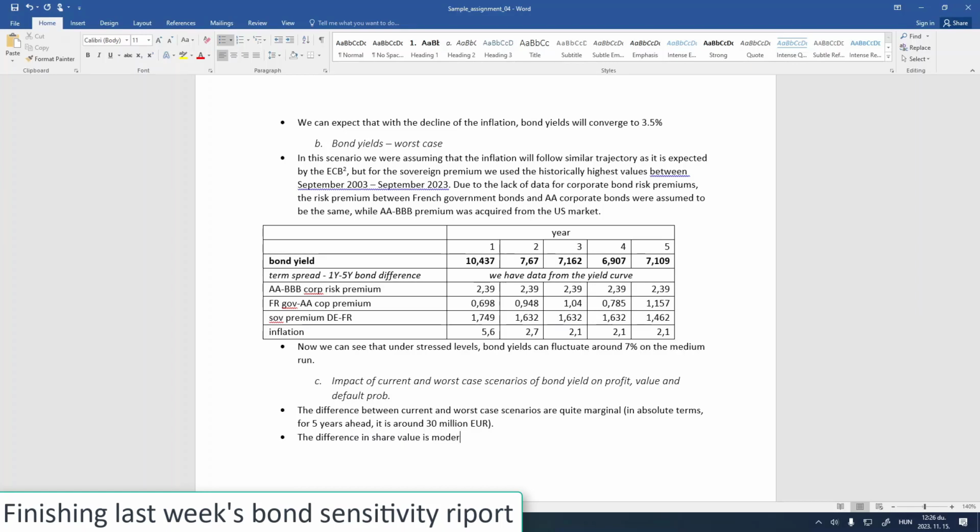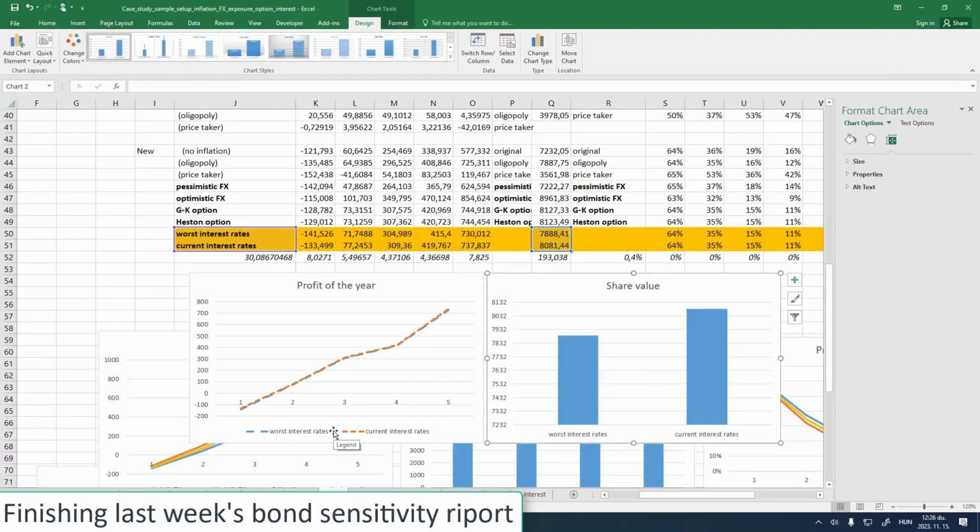Moderate. Come on, now we are talking about nearly 200 euros in share price, so that's not marginal.